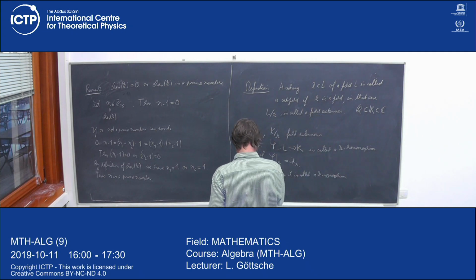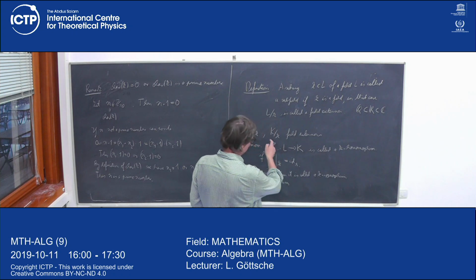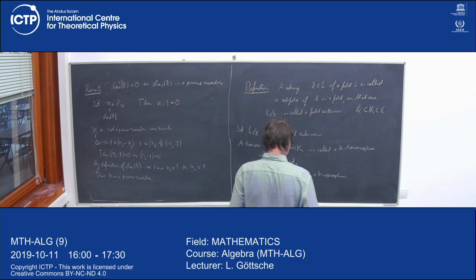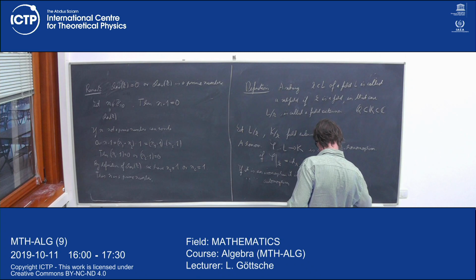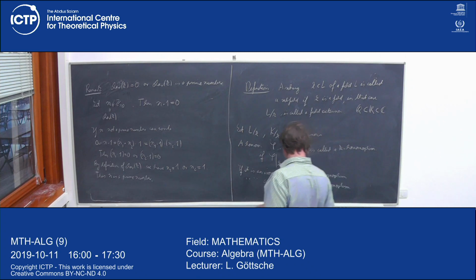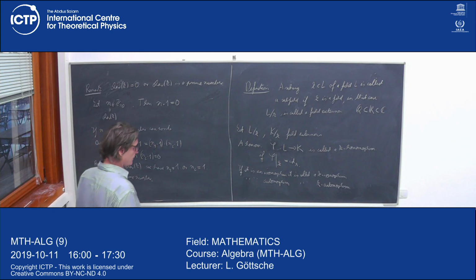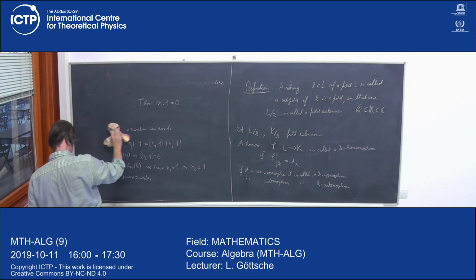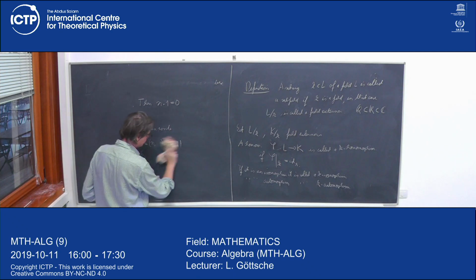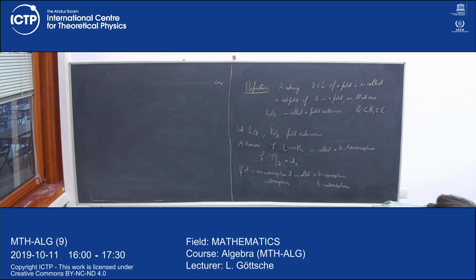And you can imagine, if it's an automorphism, which means a homomorphism to itself, say if L is equal to K, it's called a K-automorphism. And so we see that these automorphisms play a big role in understanding this. This we will not use immediately, but I just wanted to mention it.